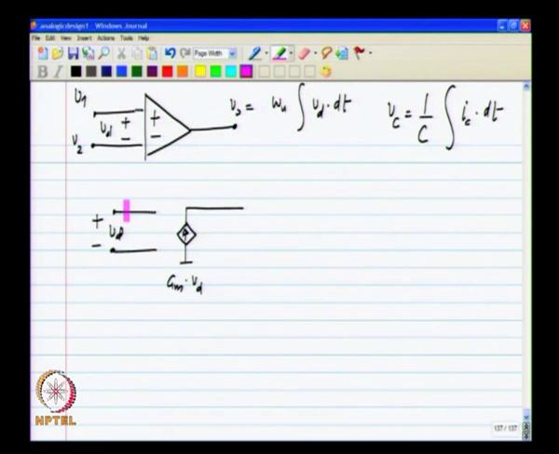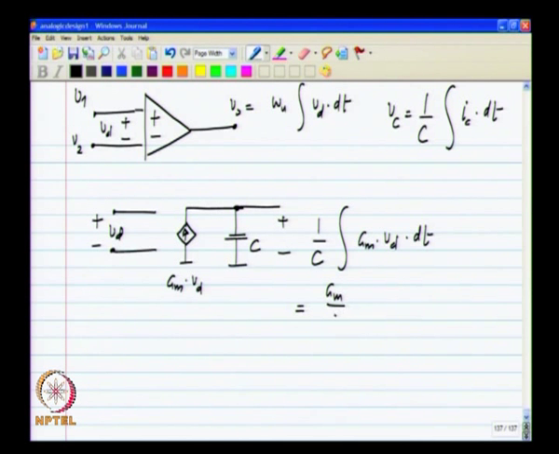So, this means that if difference Vd is applied to the inputs of the voltage controlled current source, the voltage controlled current source drives a current Gm times Vd, and that is made to flow into a capacitor C, and the voltage across this is 1 by C integral Gm Vd dt, which is Gm by C, taking the constant outside, integral of Vd dt.